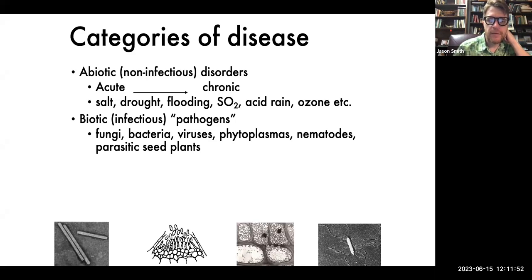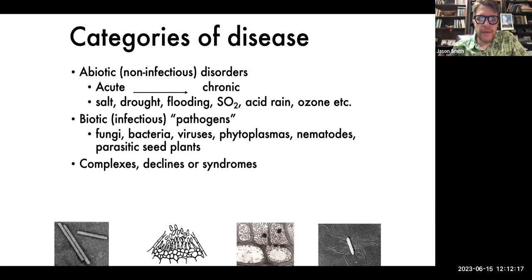In plants it's mostly fungi, but we do have bacterial pathogens and viruses in plants as well, and other organisms, things like nematodes, which are parasitic worms, essentially little microscopic worms that can cause disease. We have parasitic plants even that can parasitize plants, things like mistletoe, and there are others.